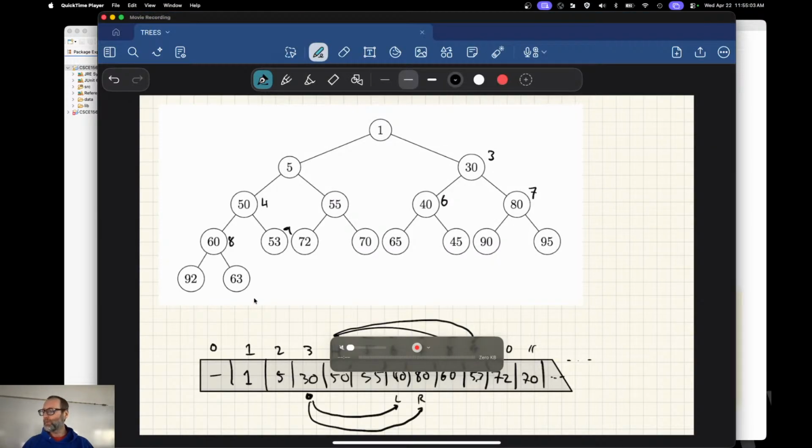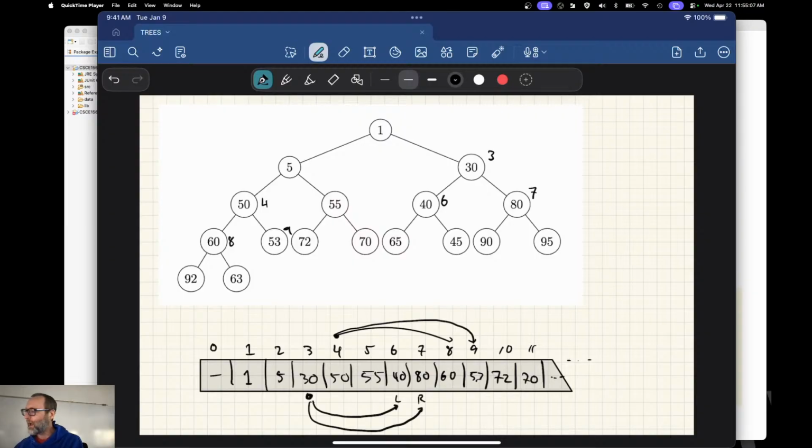Let's see if that's true. So where is the last element? How many elements are in this heap, excuse me? 1, 2, 3, 4, 5, 6, 7, 8, 9, 10, 11, 12, 13, 14, 15, 16, 17. So where's 63 in all this? Well, I know that its parent is at index 8, so it would be at 16 plus 1.